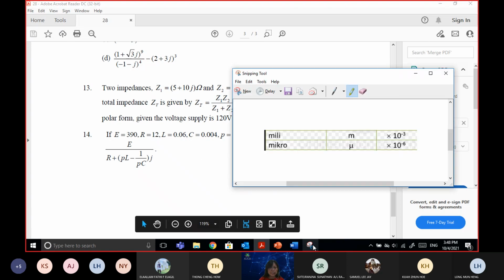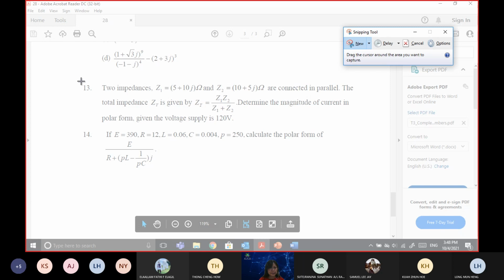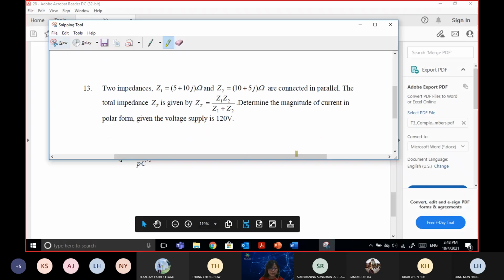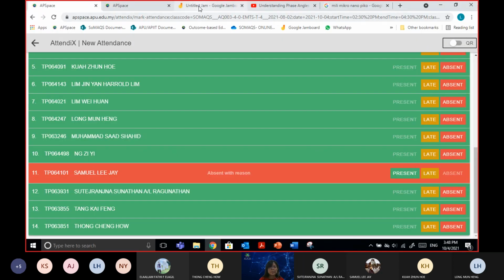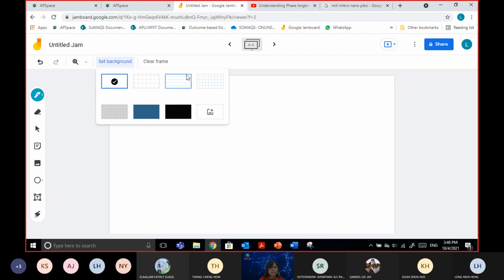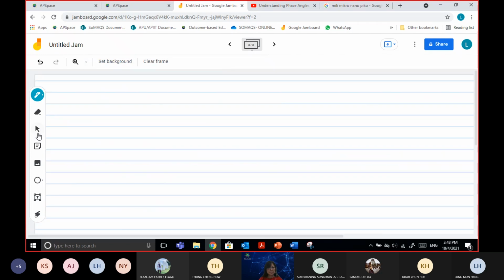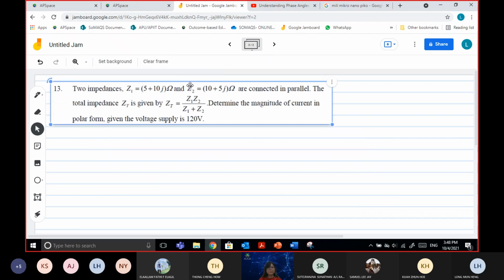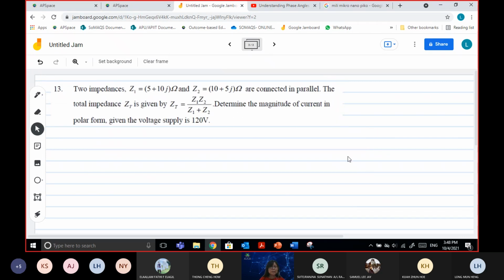Okay, let's look at question 13. For question 13, there are two impedances, Z1 and Z2, connected in parallel. So the total impedance ZT is given by this.